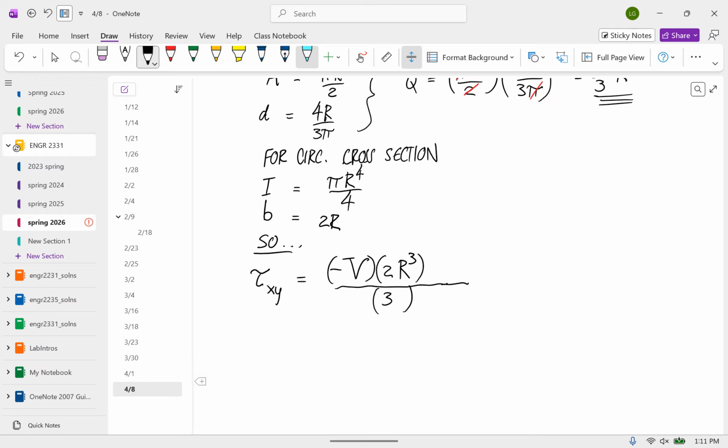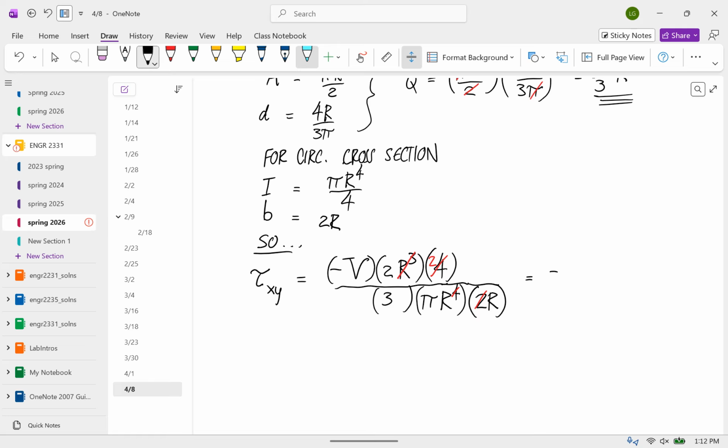Now we divide by I, so divide by pi r to the 4th over 4. And now divide by b. A bunch of this stuff cancels. These cancel with those, and this makes that a 2.